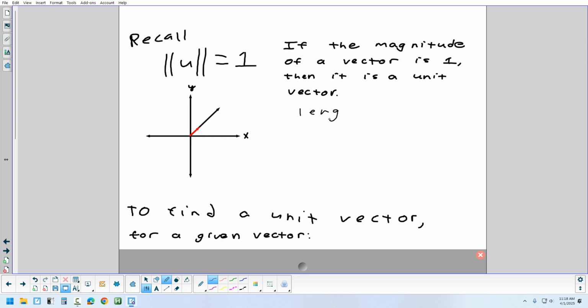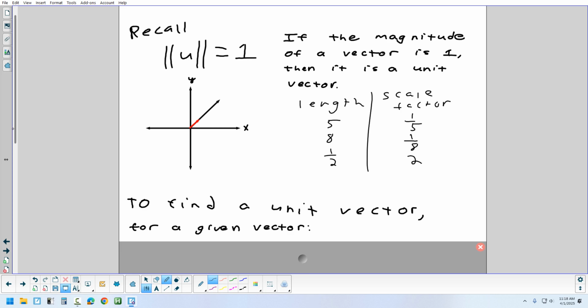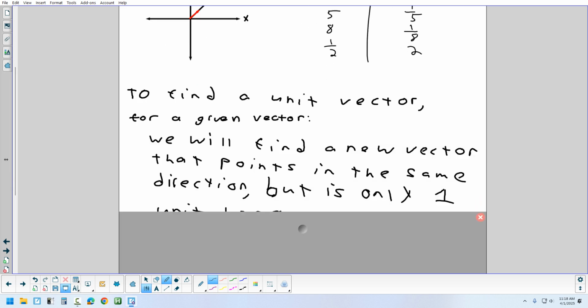We did the length and then the scale factor. If something is 5 units long, you would scale it by 1/5, and that would make it 1 unit. If something was 8 units long, what would you scale it by? 1/8. If something was a half a unit long, what would you scale it by to make it 1 unit? 2. It's always the reciprocal of the magnitude.